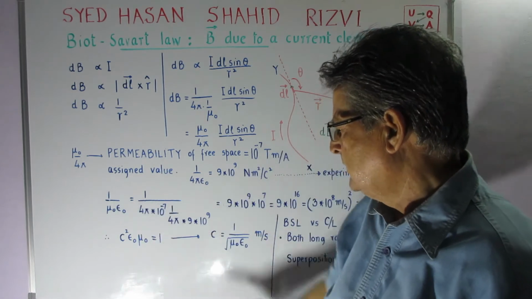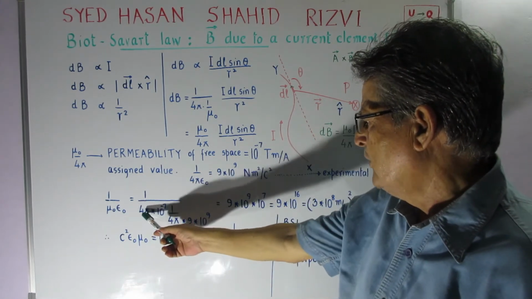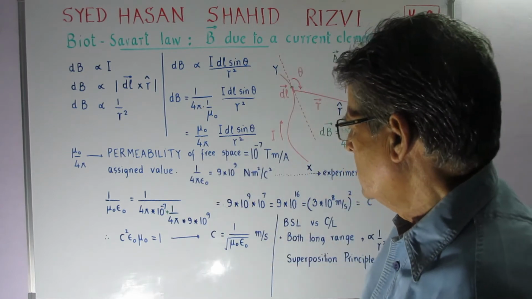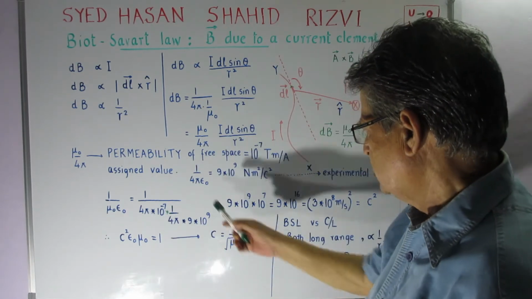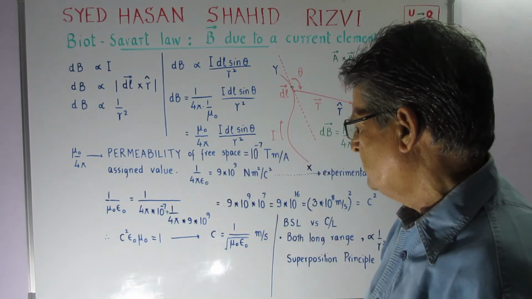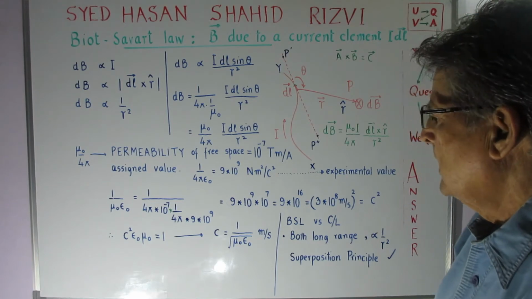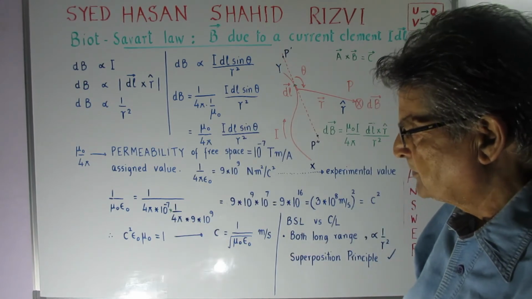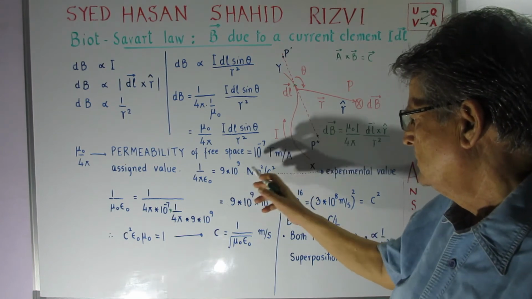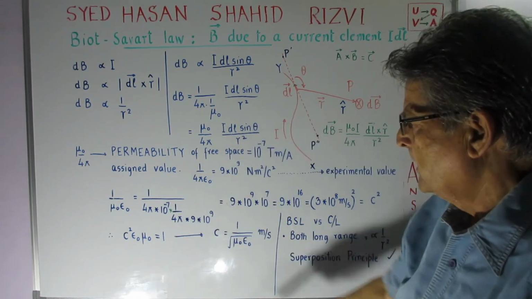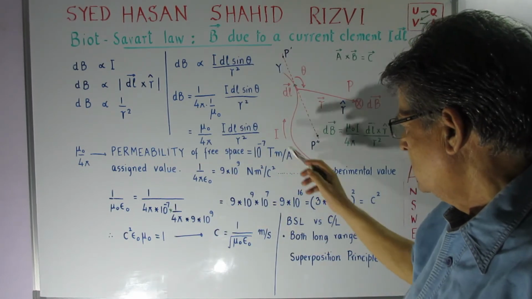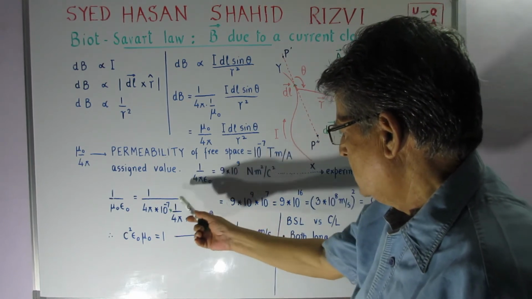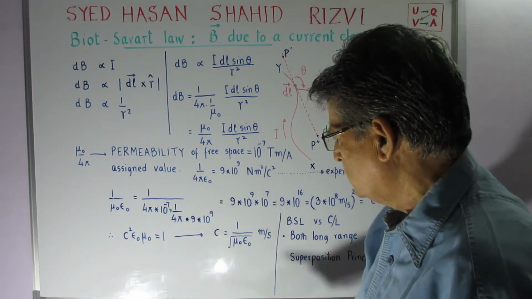Let me carry on from there. I am writing 1 upon mu naught into epsilon naught. Writing the value of mu naught, 4 pi into 10 to the power of minus 7, and the value of epsilon naught, 1 upon 4 pi into 9 into 10 to the power of 9.